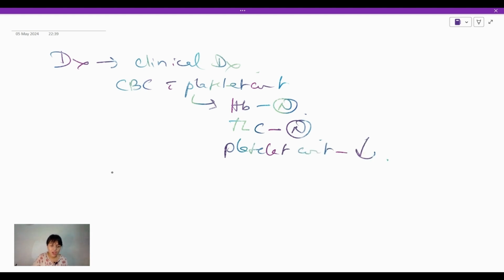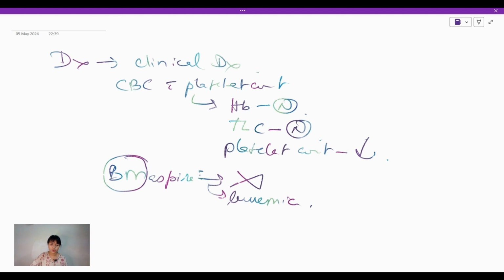Okay, that's it. And are you going to order bone marrow aspiration, student? So, not required in ITP, but if you are suspecting leukemia, as I told you, if you are getting organomegaly or lymphadenopathy, or severe anemia or cytopenia, then only to rule out leukemia, you need to order a bone marrow, okay? Otherwise, you do not need to do bone marrow, right?